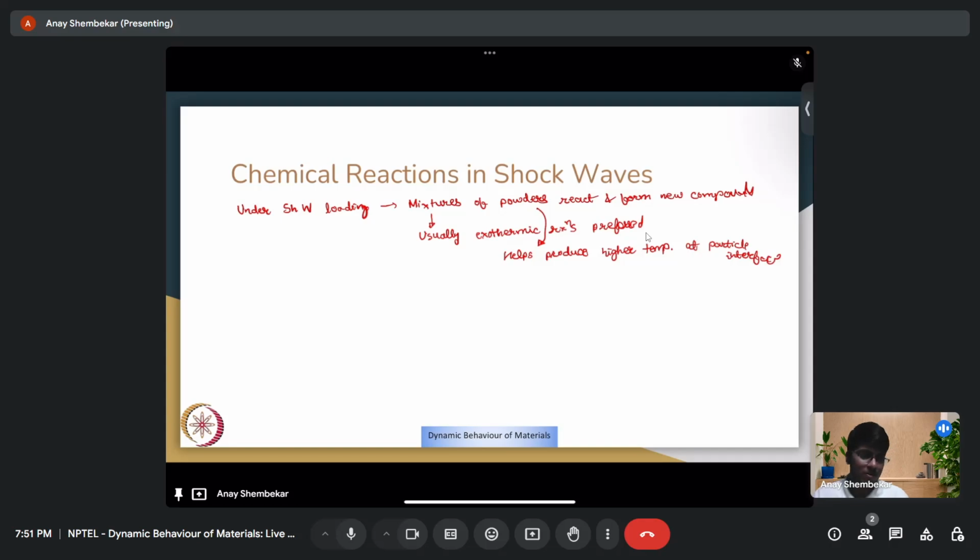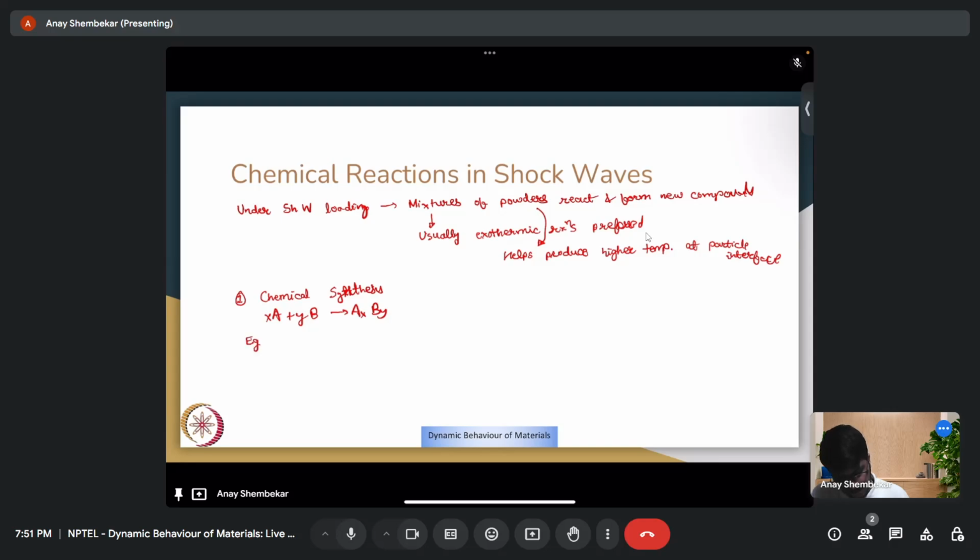So, broadly speaking, you can have two types of chemical reactions. First one being chemical synthesis. Here you could have something of the form xA plus yB giving rise to AxBy.